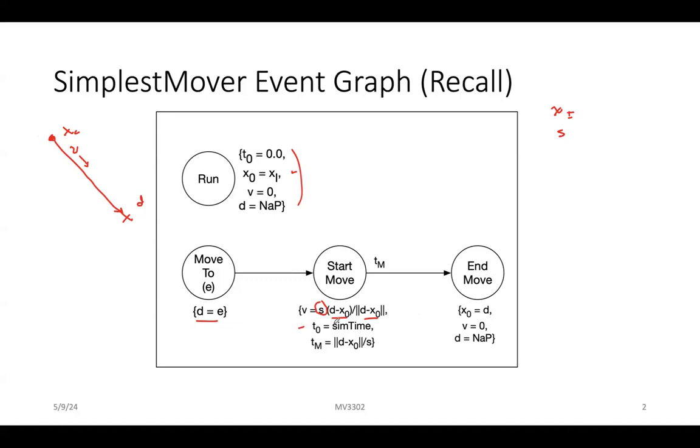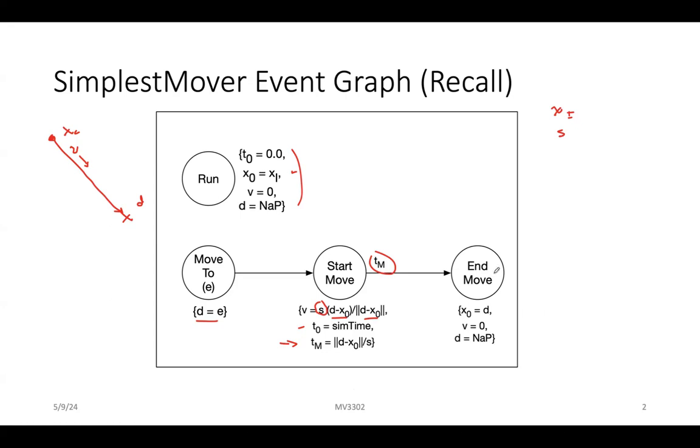Our start move time is our current sim time, and the time that it's going to take us to get there is the distance divided by the speed. So we can schedule our end move event with that delay amount.